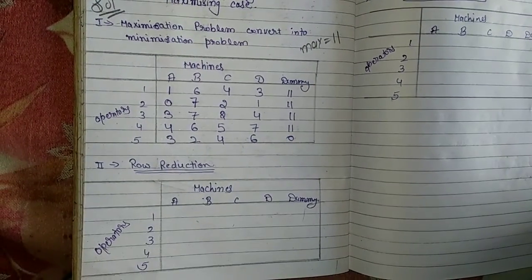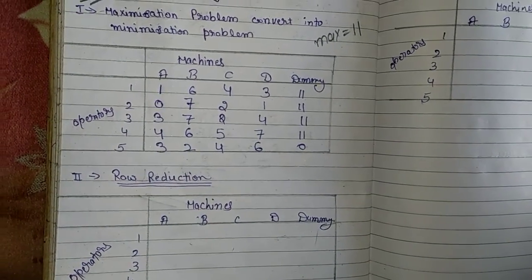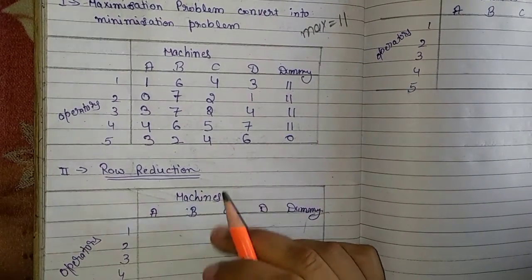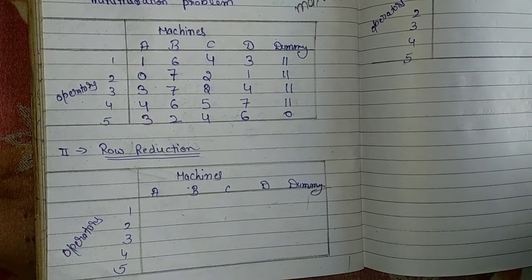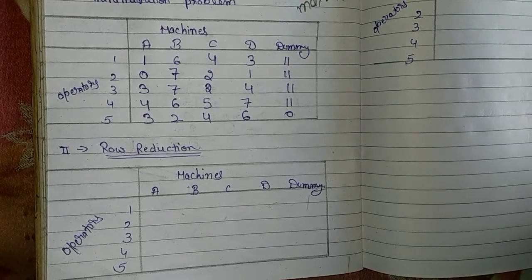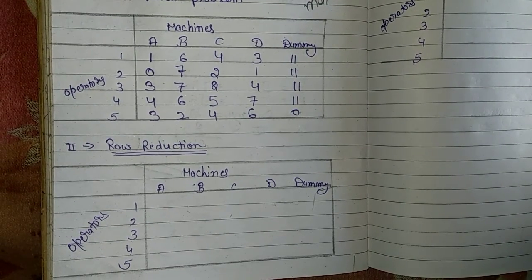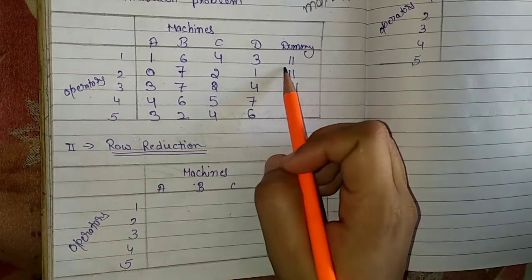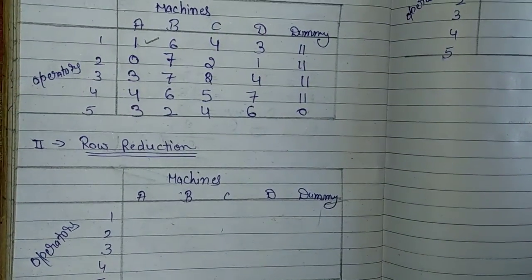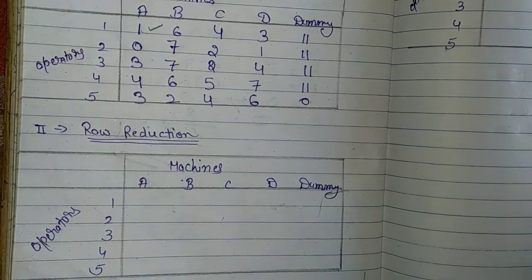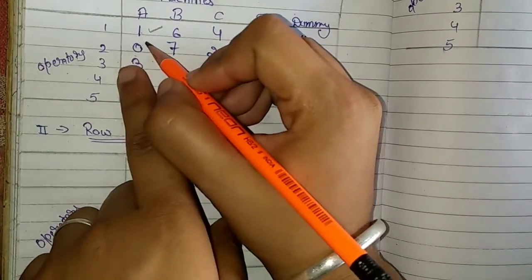Our next step is row reduction. For row reduction, we have to select the minimum number from each row. In the first row, the minimum number is 1. In the second row, the minimum number is 0.